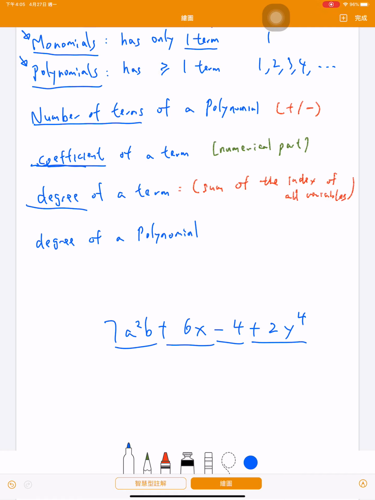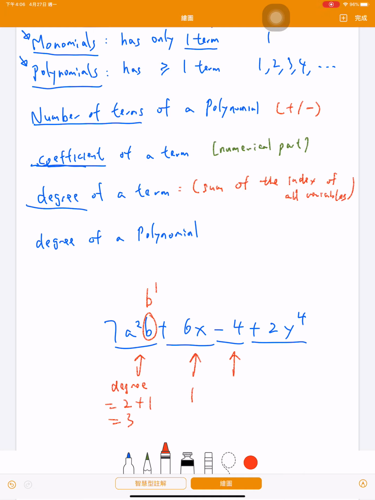For the degree of this term, the degree is 2 plus, this one, in fact, is b to the power 1, right? So 2 plus 1, so 3. For this one, the degree is 1, right? For this one, you can see there is not any x, y, z, just the number negative 4, right? This one is special.